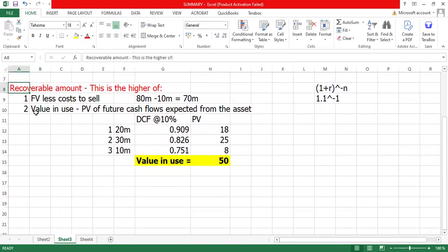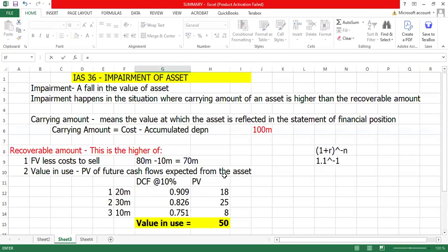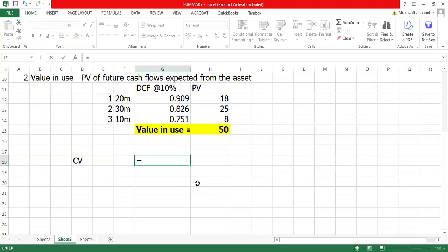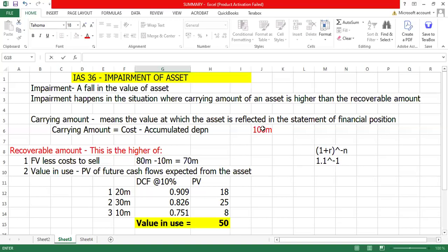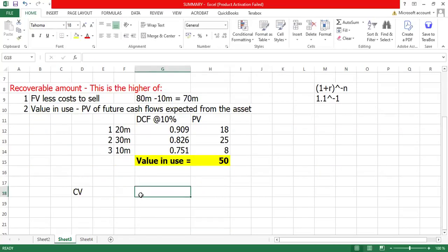What is the higher between fair value and value in use? Let me put 90 million as the carrying value.